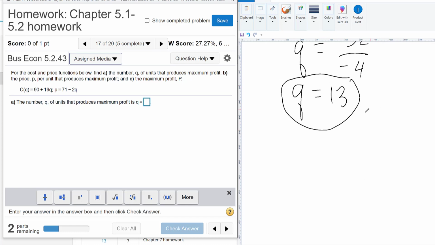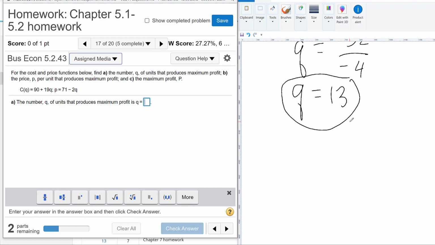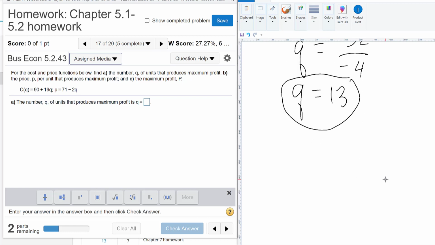So that should be a maximum. But before we declare that to be a maximum, let's make sure that the derivative changes from positive to negative, indicating an increasing function, and then a decreasing, which would be a maximum. So we'll take our derivative, negative 4Q plus 52. Here's 13, where it's actually 0.